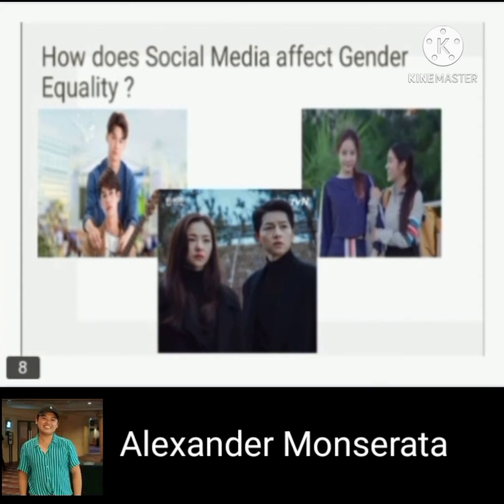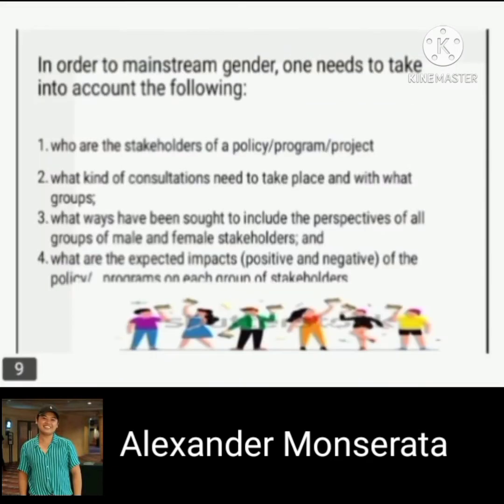The next one is, in order to mainstream gender, one needs to take into account the following. In order to mainstream gender, it needs to create policy, program, and project, because it is very important to listen to all people in all types of genders so that the policy will not be biased according to their genders or preferences.